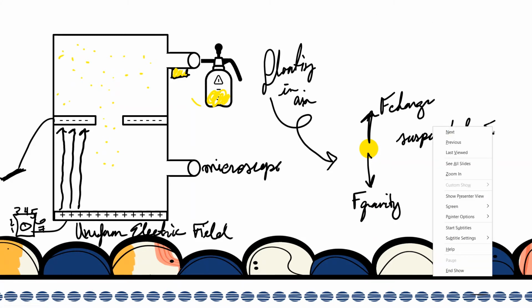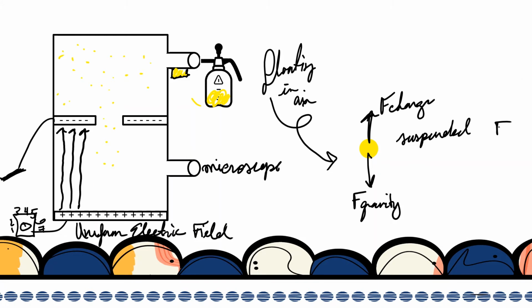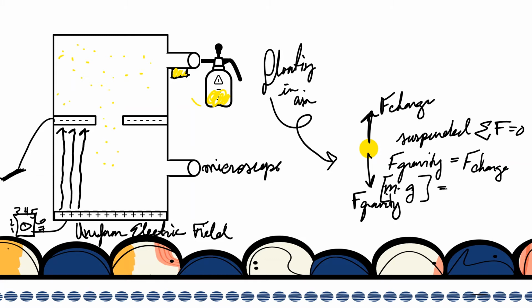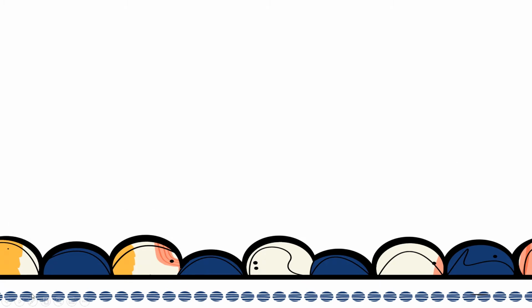We would say the sum of the forces equals 0. So I could say the force of gravity equals the force of the charge. And really, we know that the force of gravity is just mass times gravity. We call that weight. So we could say the weight of the charged object is now the force of the charge on that object.